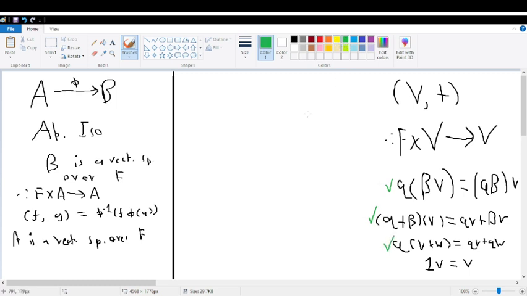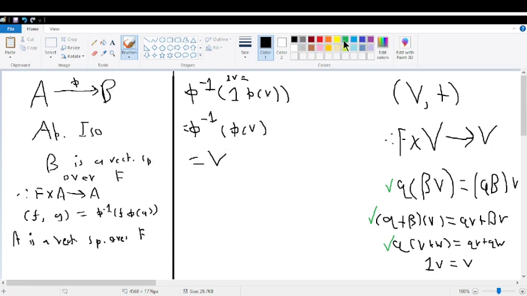So we want to ensure that 1 times v is equal to v. So we have phi to the negative 1 of 1 times phi of v. By our assumption, that is equal to phi to the negative 1 of phi of v, which is equal to v.